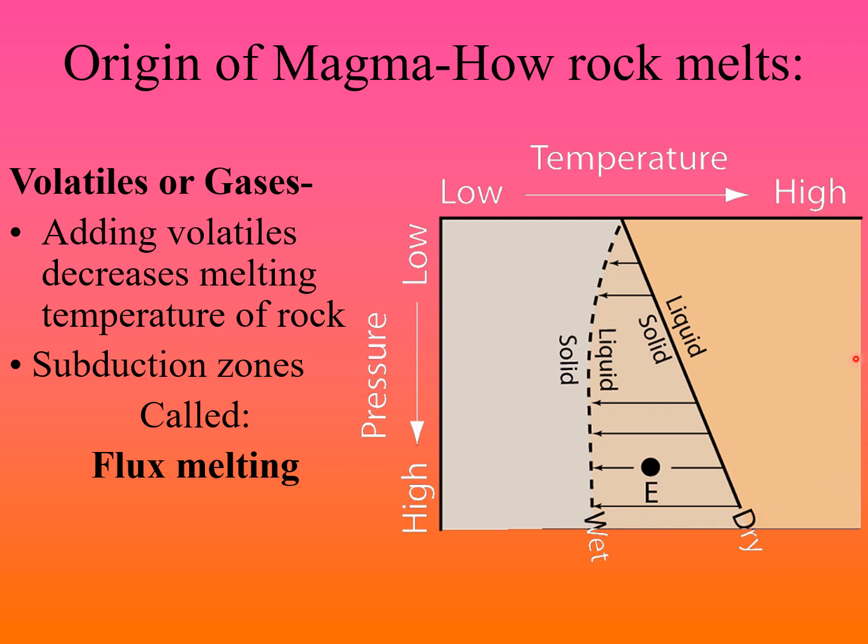So we see this in subduction zones where at deeper pressures, right, higher pressures deeper in the mantle, those volatiles activate the melting process at greater depths. There's a higher range of temperatures that you can be at deeper pressures to get melting.